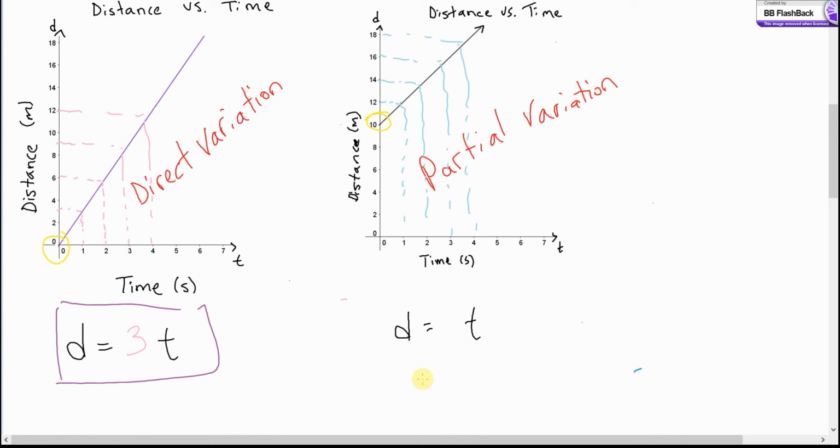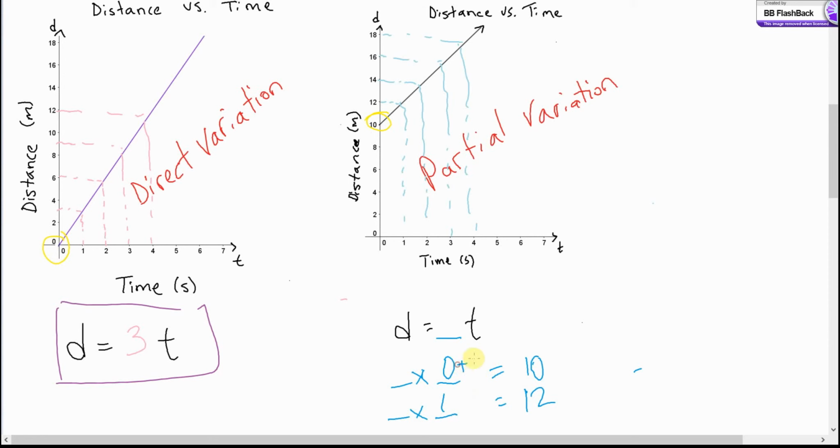We would need something times something equals 10, so something times time, when time is 0. Something times 0 equals 10. Uh-oh, anything times 0 is always equal to 0. This is why it fails.